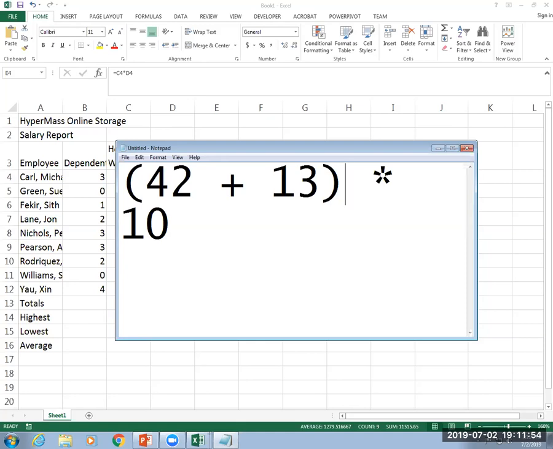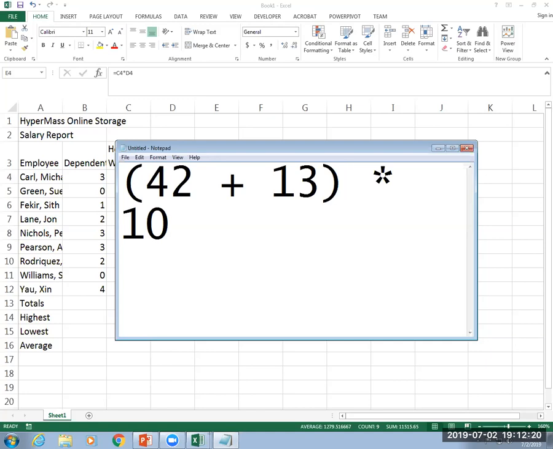So I love math, and I do this all the time, but I still sometimes forget the order of operations, or rather, I don't really forget it, but I don't think about it. So anytime that I personally am doing any kind of calculation, I will overuse parentheses.